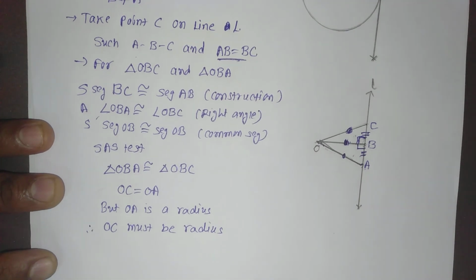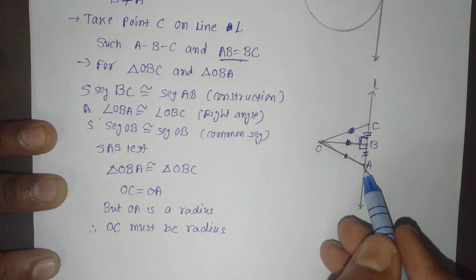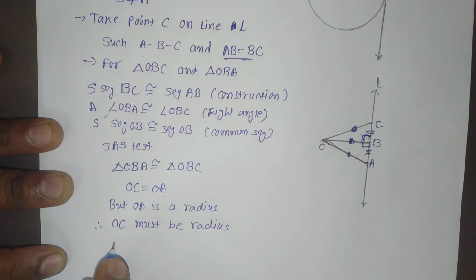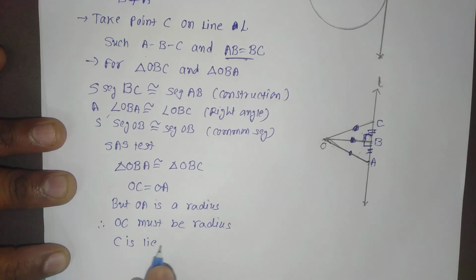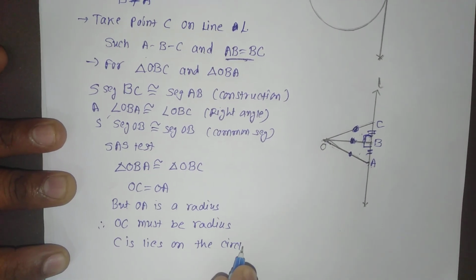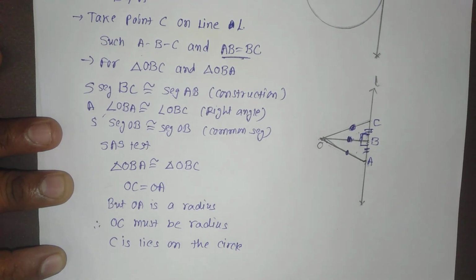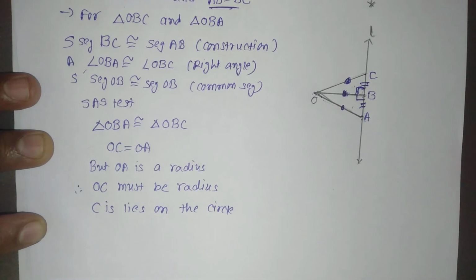So C lies on the circle, as A is lying on the circle and C is also lying on the circle. Now if C is lying on the circle, that means line L intersects the circle in two distinct points.